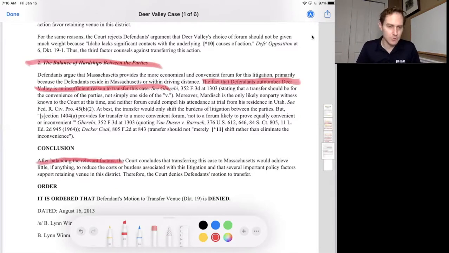And that's what Judge Windmill did here. He's like, I looked at these 7 factors. We're keeping the case in Idaho. So there it is. Deer Valley wins. Jared Allen got a win. And they're going to go forward with a trial here in Idaho.